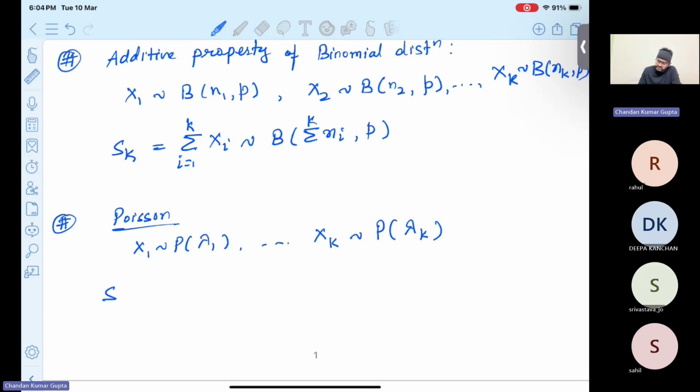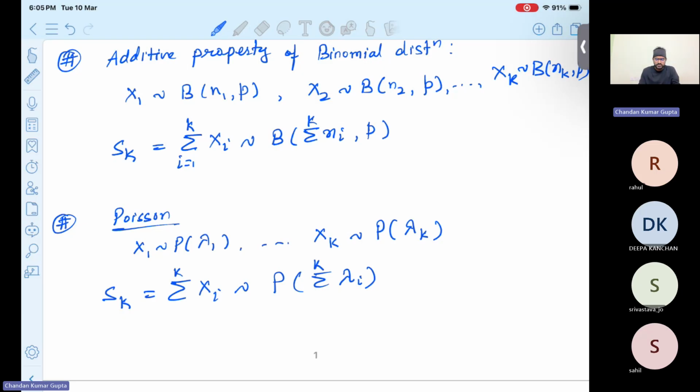Now the summation Sk, which is equal to the summation of Xi, also follows the same distribution with the parameter summation of lambda i from 1 to k. This is not the case for all random variables. Some random variables may follow this kind of property.